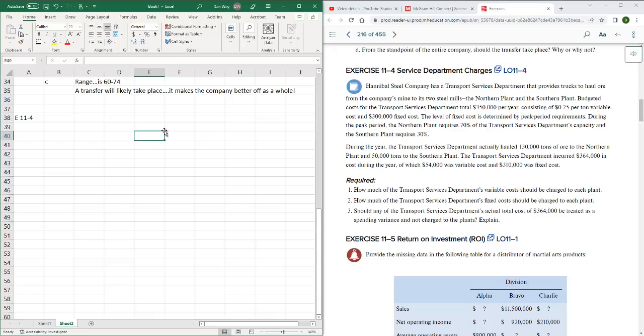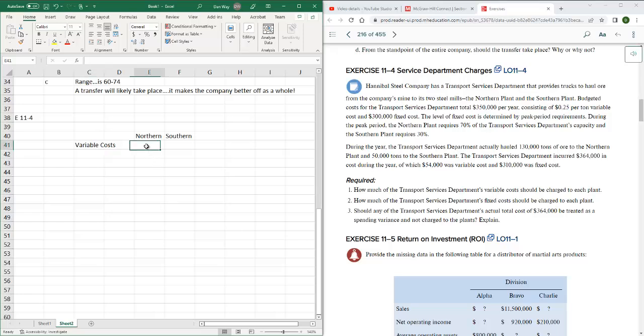So let's lay this out here for the northern plant and the southern plant. Okay, so this is variable costs. Now, in Chapter 11, you read that these service department charges for variable pieces should be based on the actual activity and that estimated rate, if you will, for the variable support or service cost.